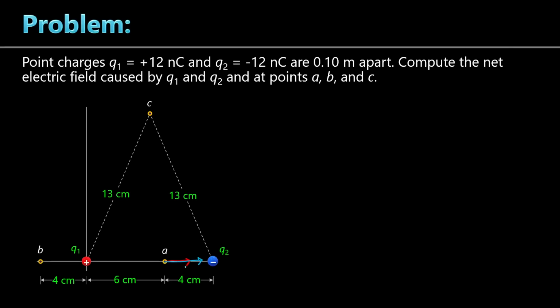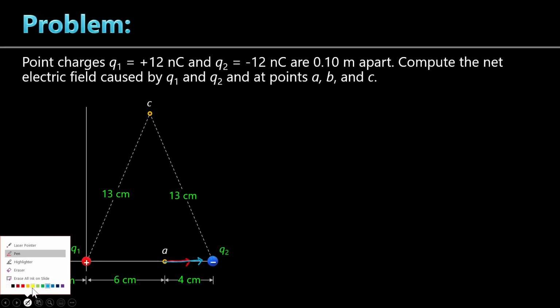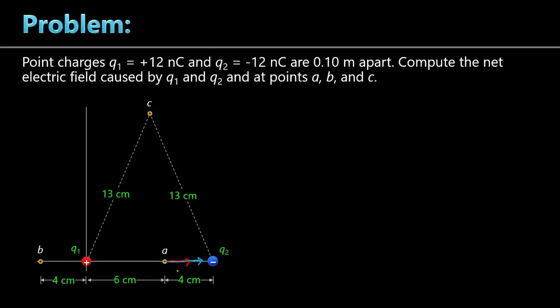And these electric fields are in the same direction. So, if these two are in the same direction, we simply add the two electric fields to get the resultant electric field at point A. The electric field at point A is just the sum of these two electric fields. Why? Because the electric fields are collinear and they are in the same direction.